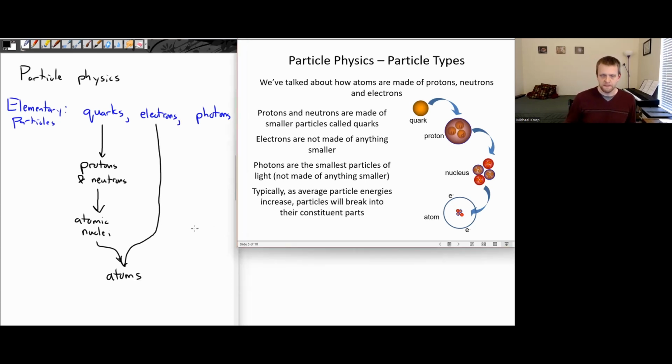Now, typically, as I raise the energy, I will take these objects and break them into their constituent parts. If I start with some atoms and start raising the energy, I will break that atom into atomic nuclei and rip the electrons away. So these objects break apart at higher energies.